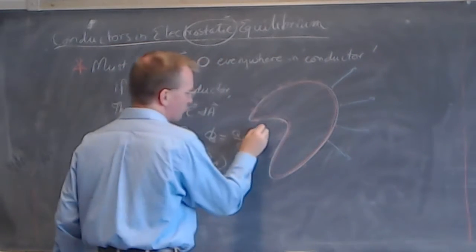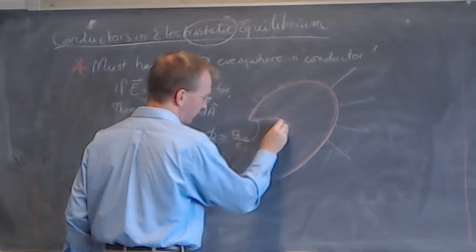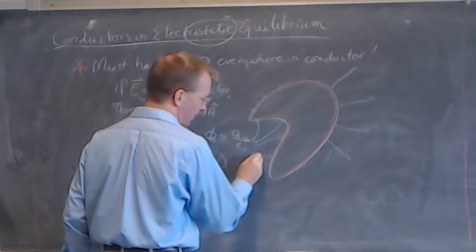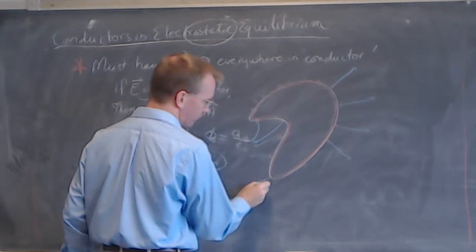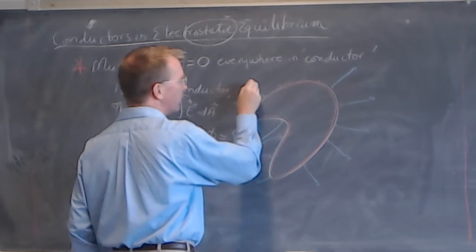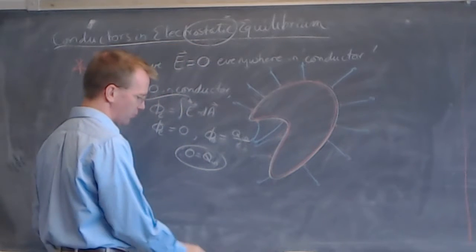You could get some complicated shape like this, with it crowding together, but whenever it comes off the surface, it has to be perpendicular at that point. It can bend later. Okay.